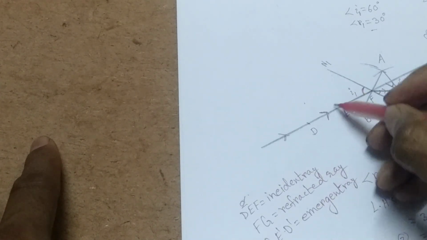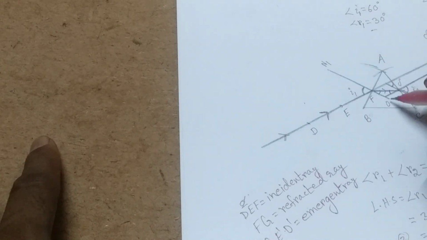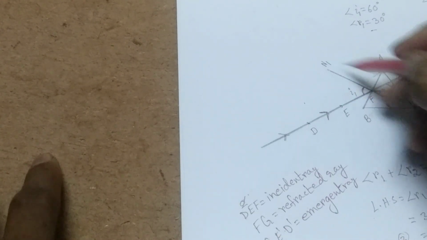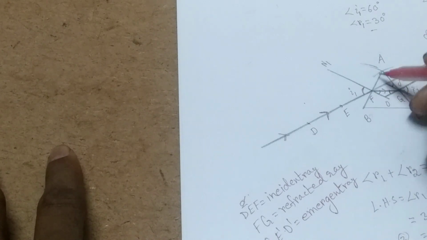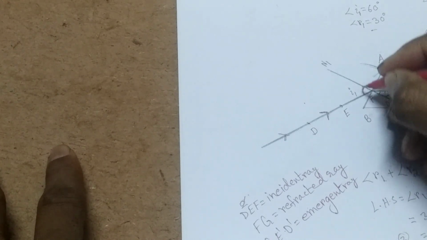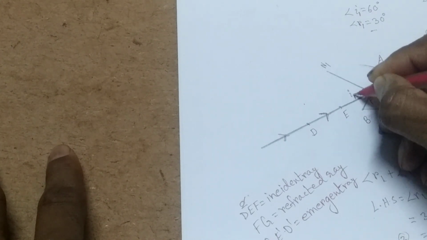Right? Here you see we have drawn a normal O N1. This is the normal to this refracting surface, and here we get the angle of incidence as I1.